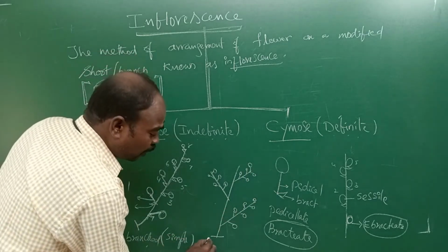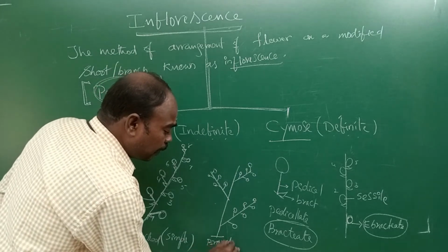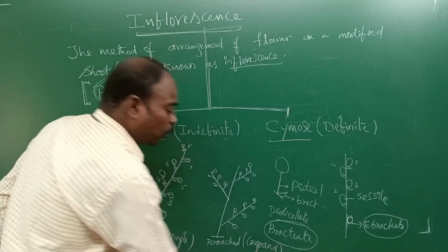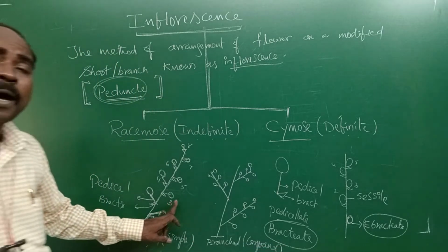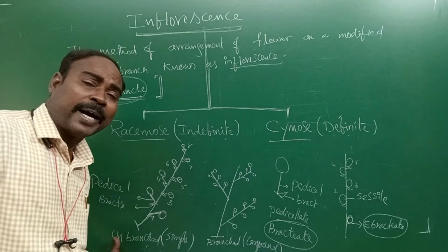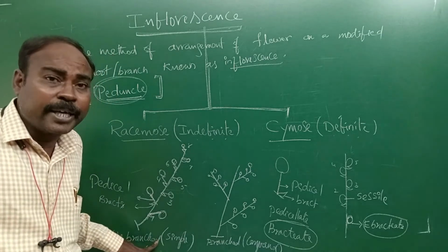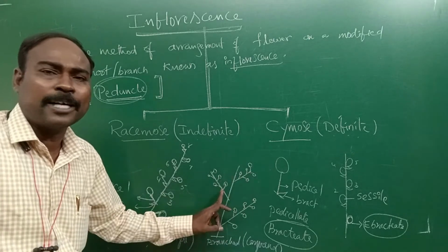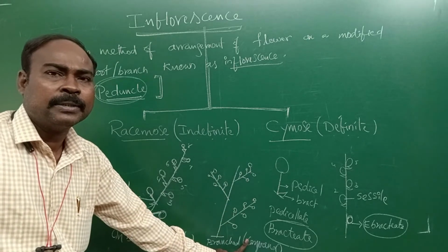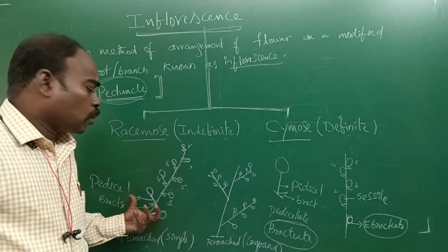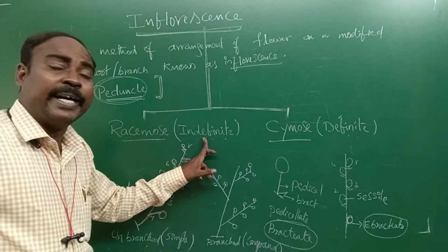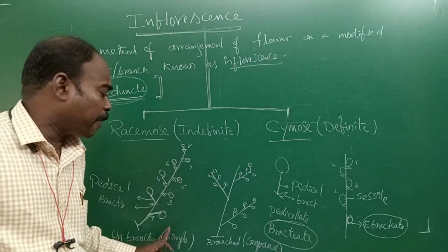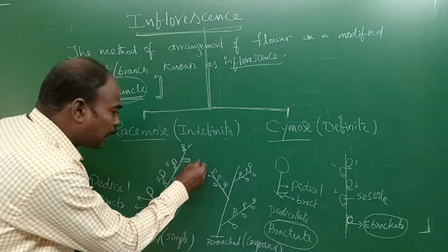Right? This is called a branched peduncle. Now it is called what? Compound. So when the peduncle is unbranched, that type of inflorescence is called simple. When the peduncle gets branched, that type is said to be what? Compound.